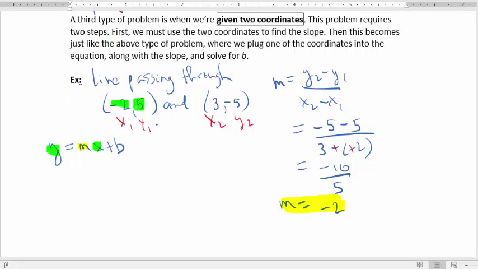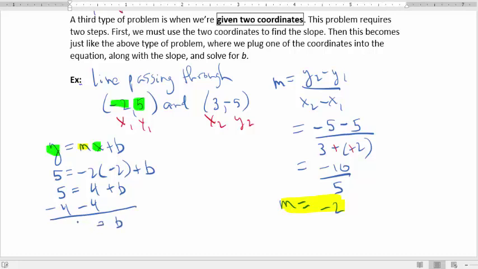So it doesn't matter which one I choose, I'm just going to use the first one. So I replace y with 5, I replace m with -2, and I replace x with -2, and I'm trying to find b. So 5 equals -2 times -2 is 4, plus b, and now if I subtract 4 on both sides, I end up with b equals 1.